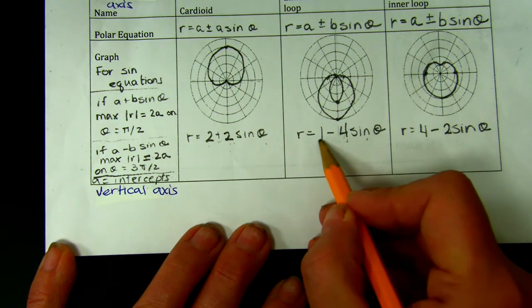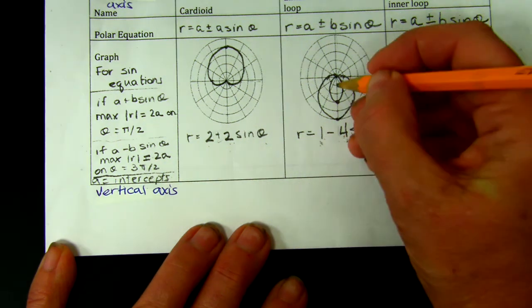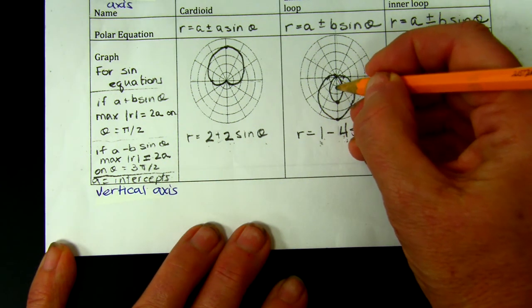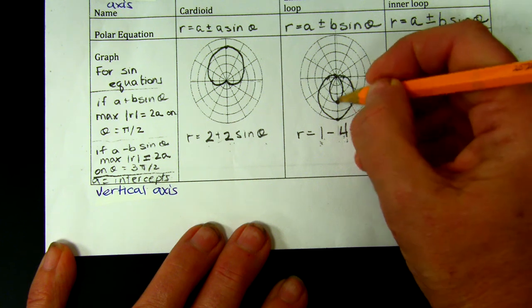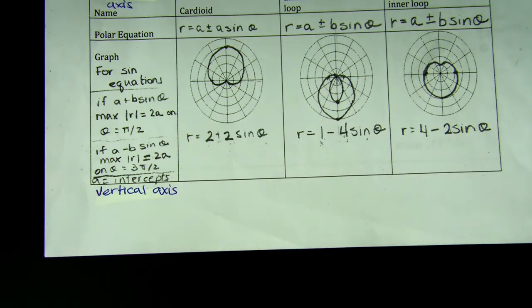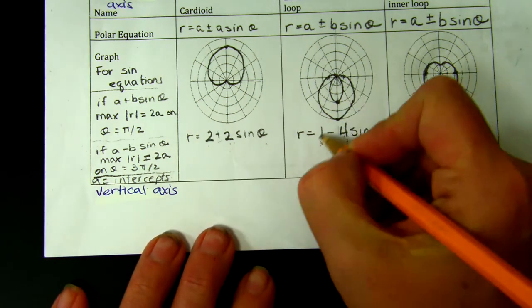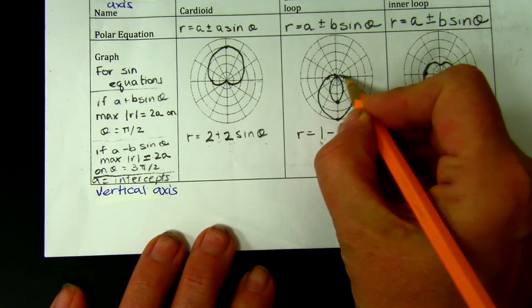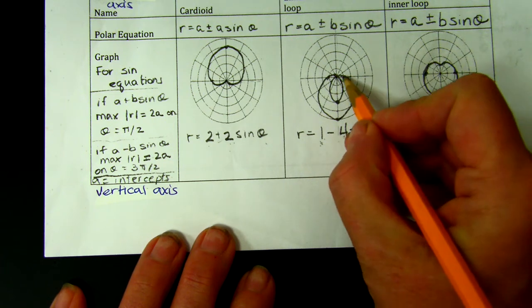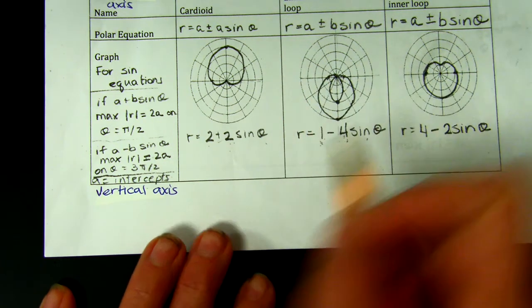And then b minus a, 4 minus 1 is 3, is the radius of that inner loop, the radius value to the tip of the inner loop. And then again, I know that a, which is 1, is where the curve is going to intersect the horizontal axis.